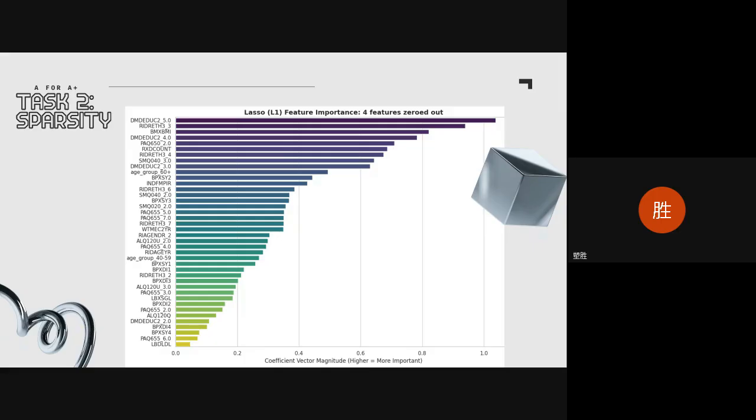So it has the most influence on people's health from our model. And the second one is one if the person is Mexican American. Third one is continuous. It's body mass index. So the higher it is, the more obese a person is.